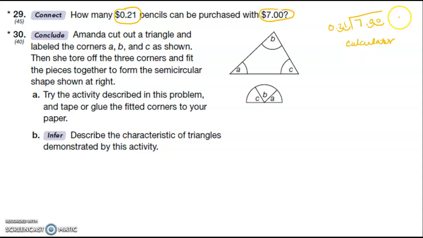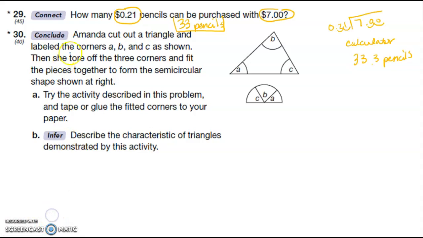Divided by 0.21, I get 33.3 pencils. Here's the deal. They're probably not going to sell me 0.3 of a pencil. So I can probably only buy 33 pencils and just have some change left over.